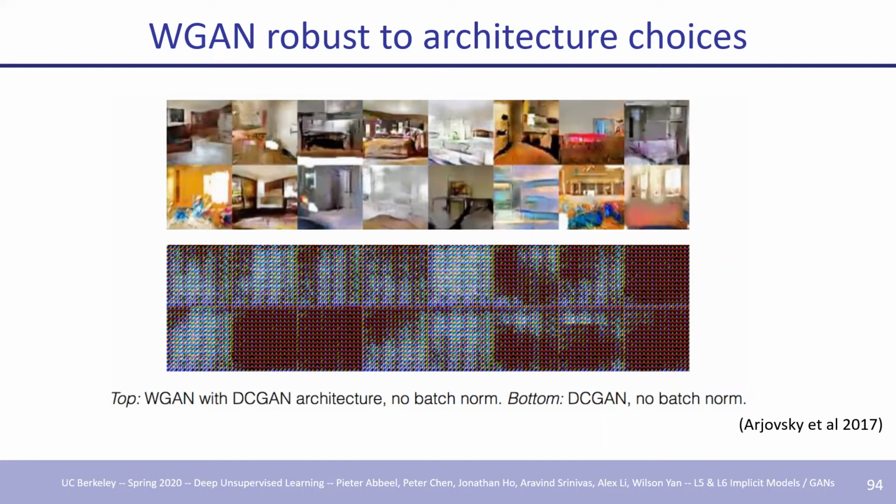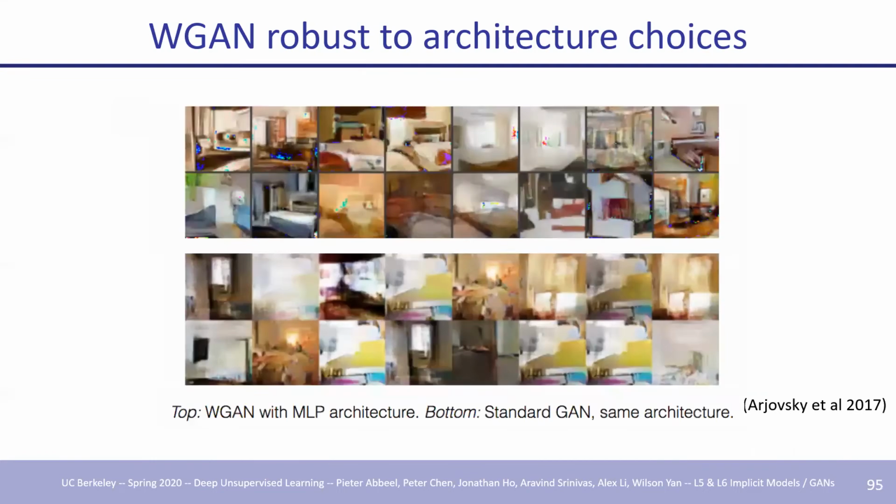Okay, and I think this is batch norm not working, or DCGAN, it's just a comparison between DCGANs. I'm not sure. Okay, and this is the difference between WGAN versus standard GANs.